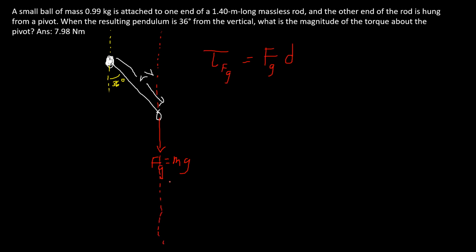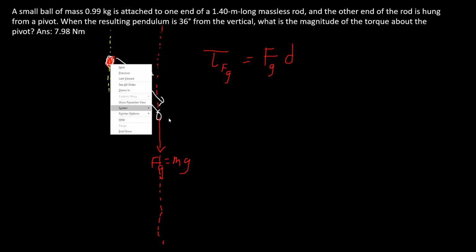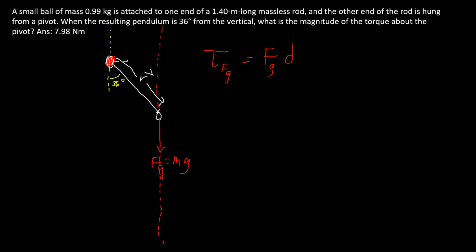So we just extend our gravitational force in this case. Starting from the pivot, where is the line that is perpendicular to the line of action of force? That's this line. This is our D.